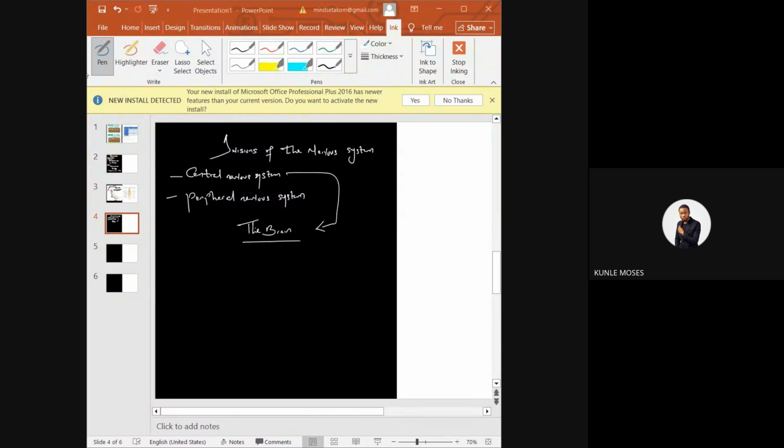B. Coordination of voluntary movement. C. Transmission of impulses between the CNS and body organs. D. Storage of information. Sir, C. Yeah, transmission of impulses between the CNS and body organs.